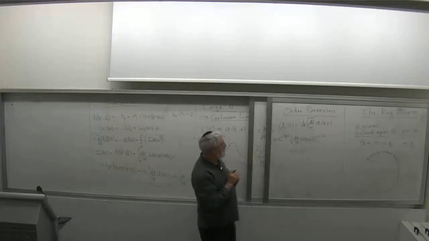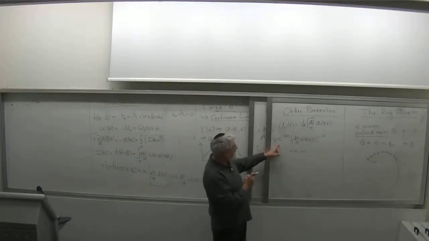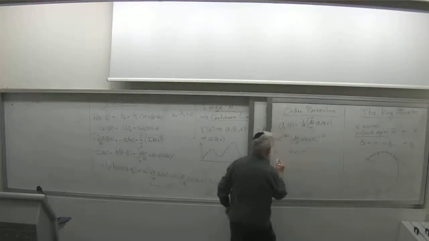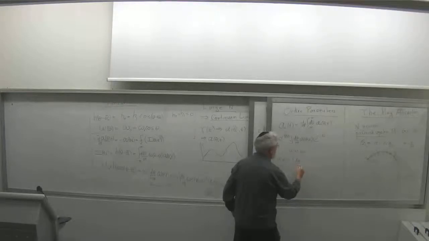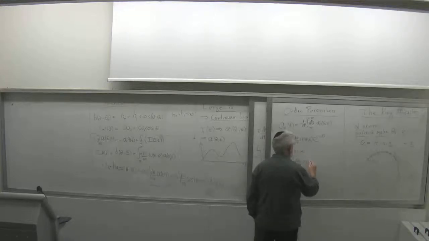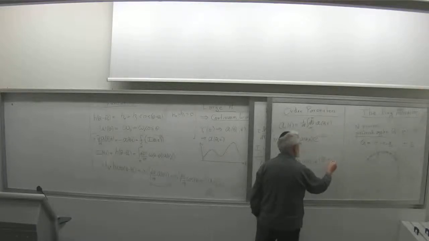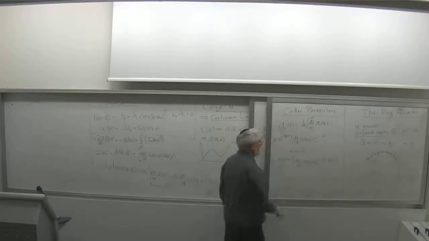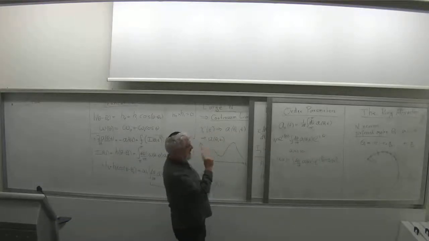Another way of defining it is by removing the psi here and writing A1 of t equals the integral d theta over 2 pi, whenever I don't write the boundaries it's from minus pi to pi, of A of theta and t times e to the minus I, open a parenthesis, theta minus psi of t. I simply brought this phase and multiplied it on the other side.